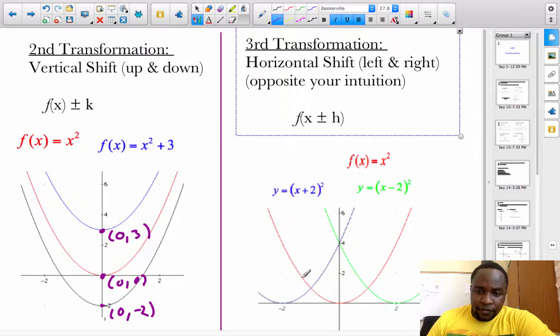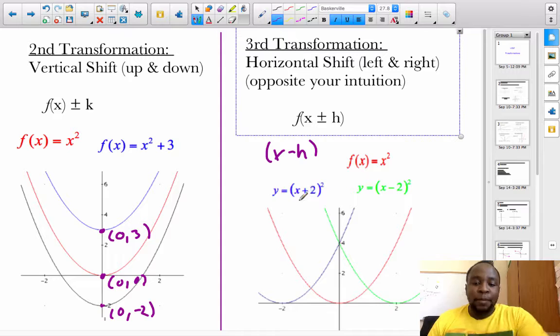So we have f of x equals x squared. The blue one is y equals x plus 2 squared. This is because it's the opposite. It's kind of like x minus h. So if we see a plus 2, it's more like the opposite, negative 2.